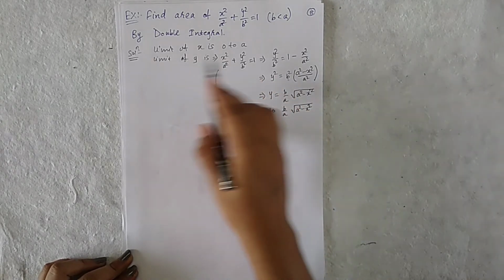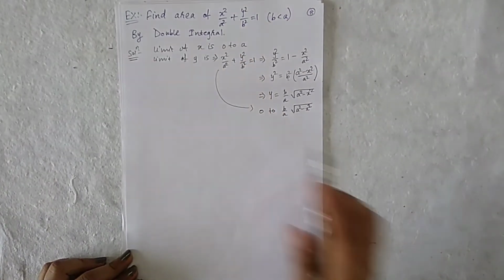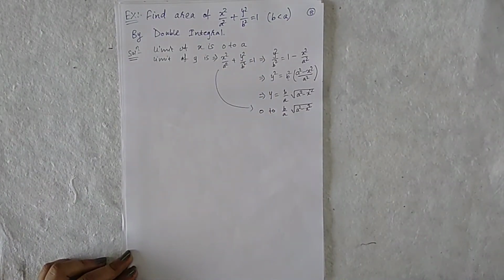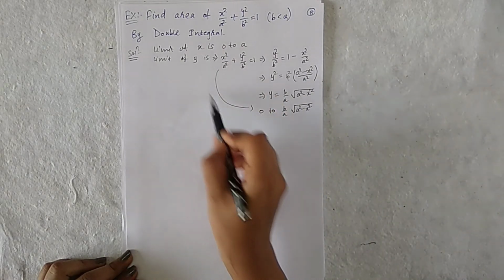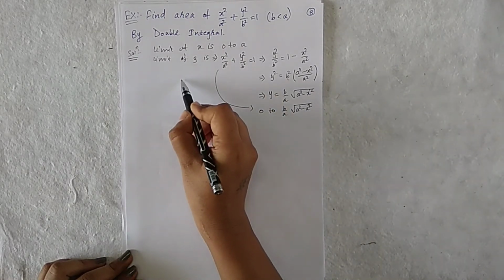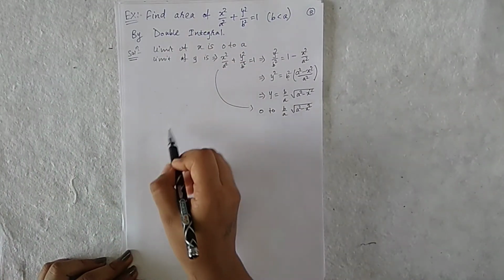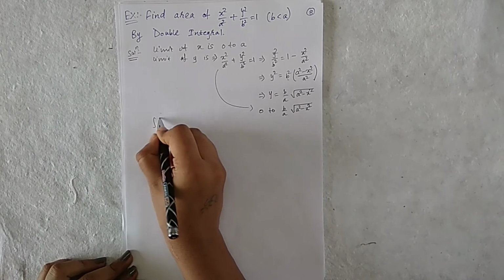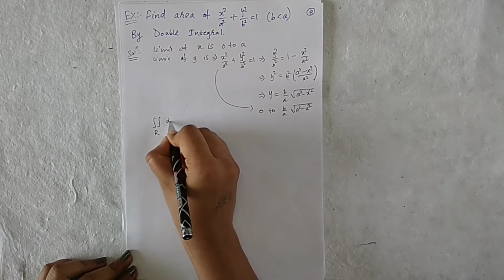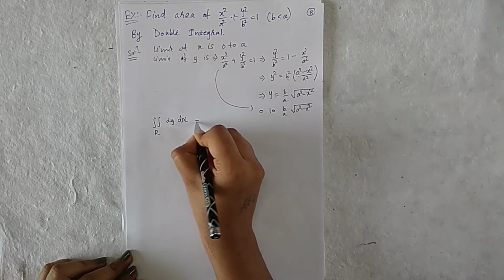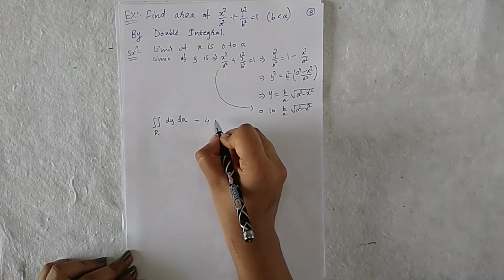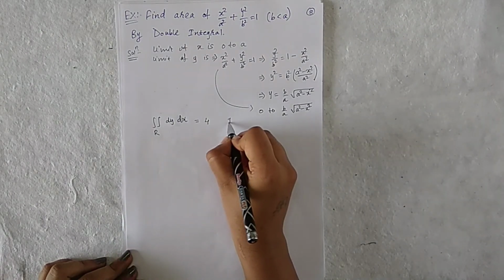Here this is the limit of only the first quadrant, but we have to find the area of the whole ellipse, right? So this is only for the first quadrant. There are 4 quadrants, so we have to find the integration 4 times. So the double integration over R of dy dx is equal to 4 times the function, here 1.